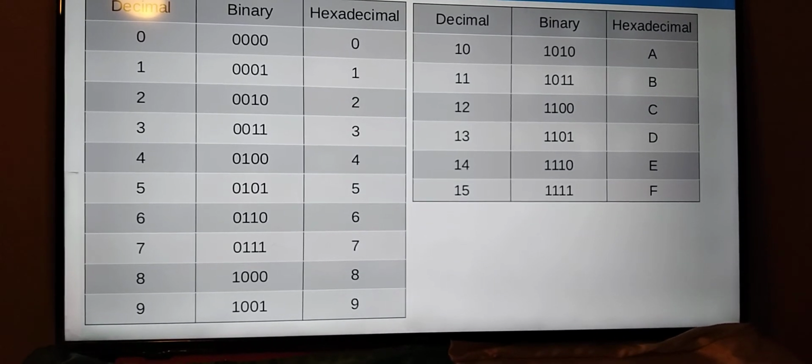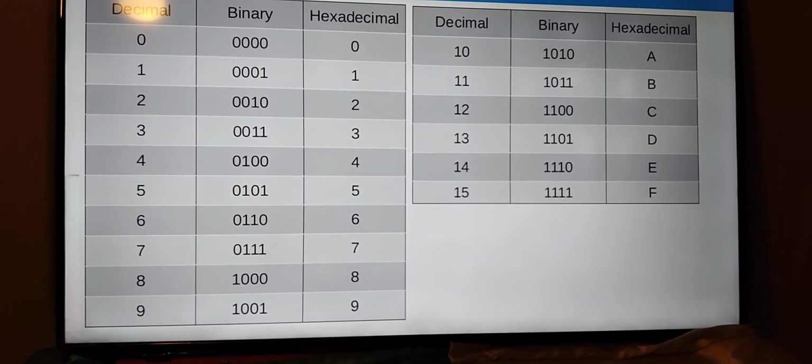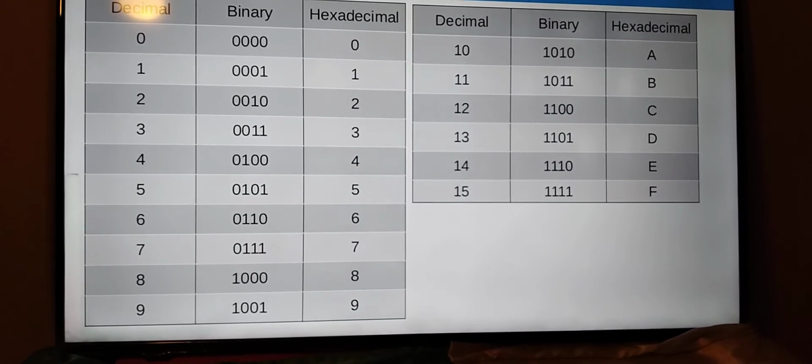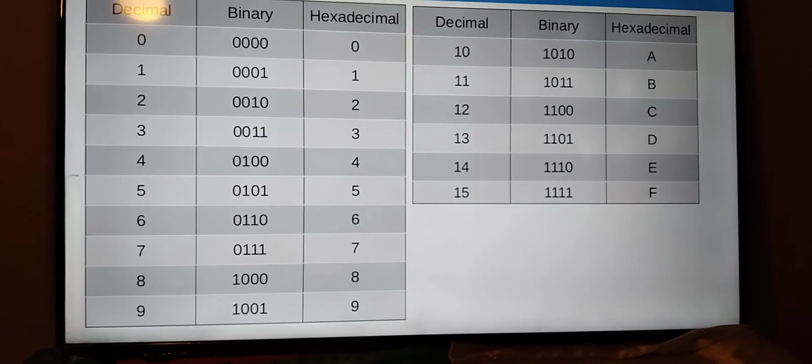So if we have our IPv6 address and have the letter A, that represents 4 bits. It's going to be whatever equals a 10. So if we have a 10, it's going to be 8 plus a 2.